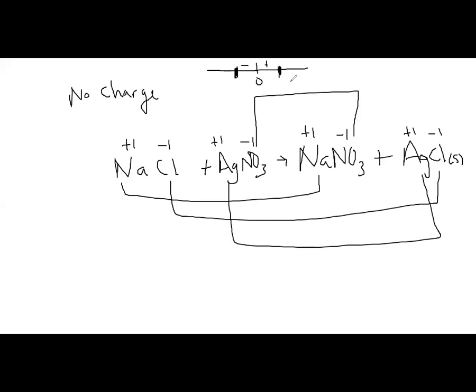So typically speaking, double displacement reactions are actually not redox reactions, which is why they're not under that umbrella of redox. That's a very common question people have: is it part of that redox reaction?